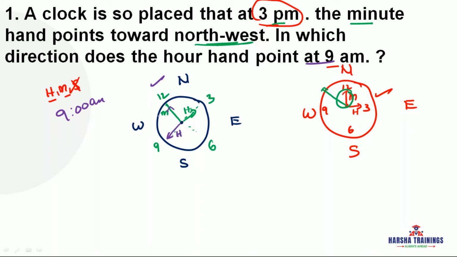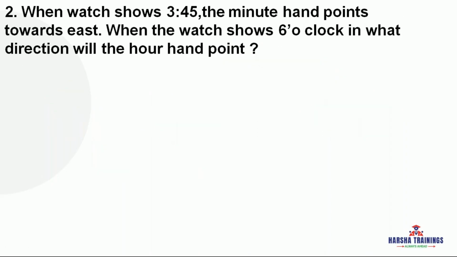Which direction is this? Southwest. So the answer is southwest. Is it clear, guys? Don't change the directions, just fix the directions. You can only change the hour hand and minute hand. Any doubts regarding this question? Let's move on to the next question.